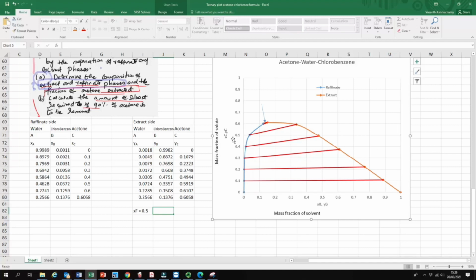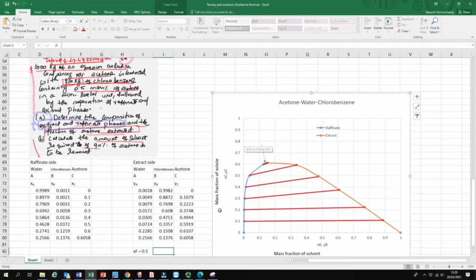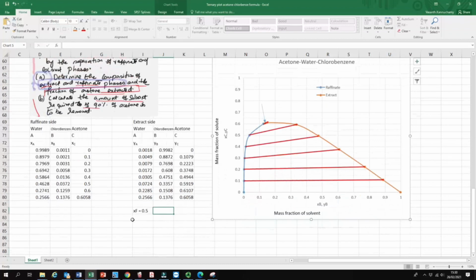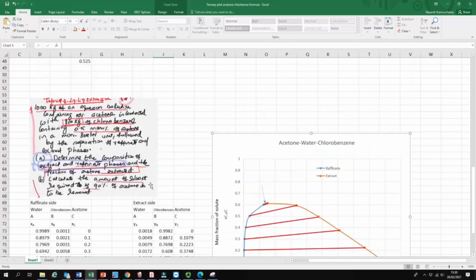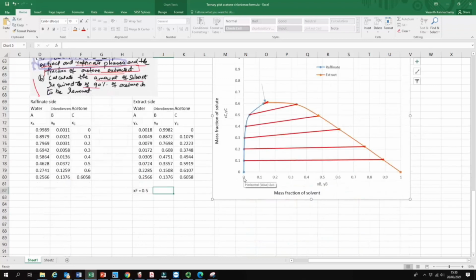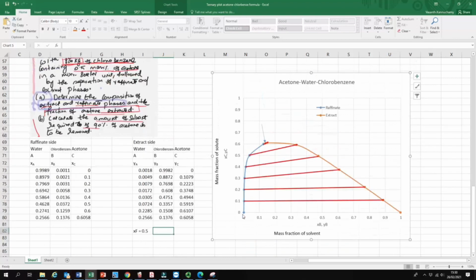So what we have to find is the feed point. The feed point is very easy to find with this problem. Our solvent concentration is 0, so that's here. Everything that lies on this y-axis is equal to 0% of solvent, and then we have 0.5 of acetone, so that's something here.